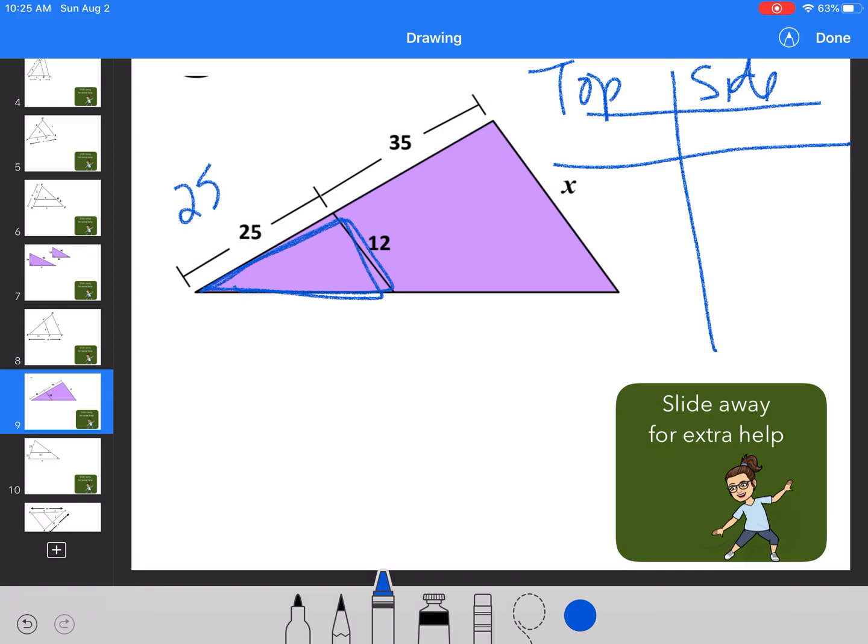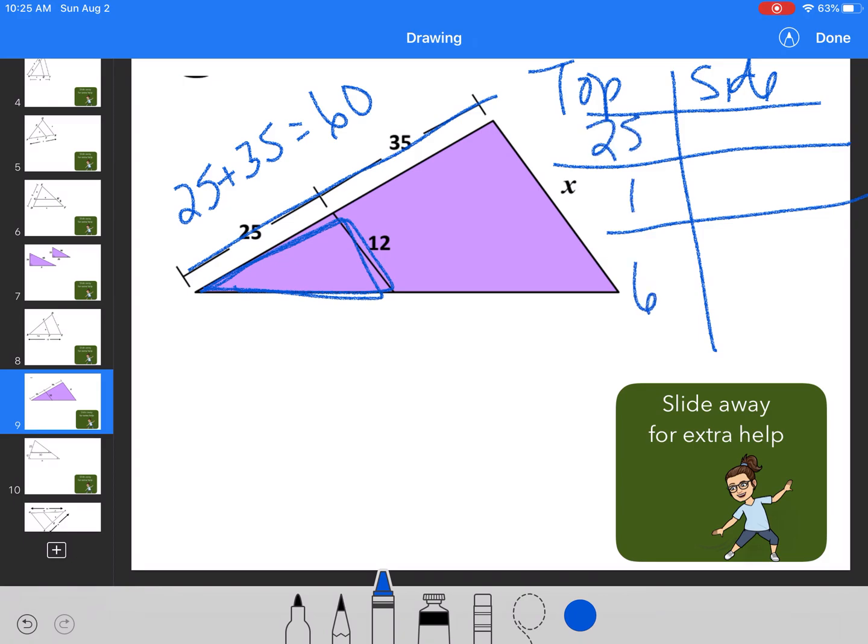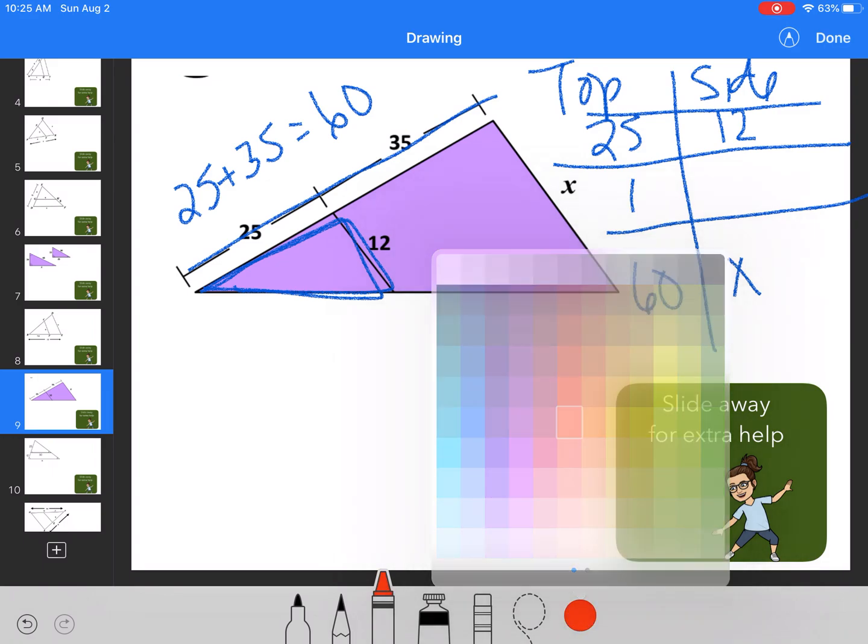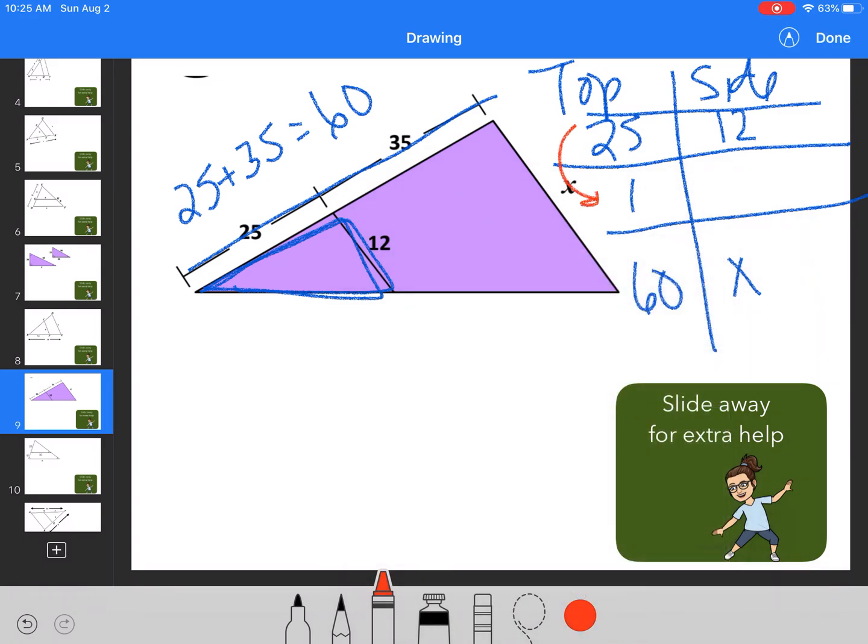So I'm going to have to add 25 plus 35 to get a total of 60 as my full side length. So that's important to notice. Okay, so I'm going to go from 25 to 1 to 60, which means that the blue triangle matches with 12, and then I have my X. So I'm dividing by 25. So I'll divide this side by 25.